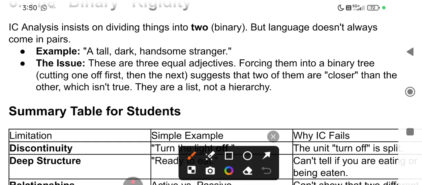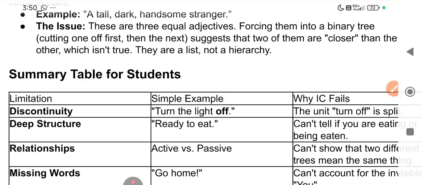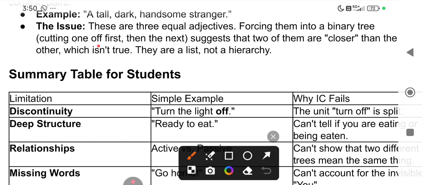Example, adjectives: a tall, dark, handsome stranger. These are the traits or qualities. So the issue is there are three equal adjectives, and forcing them into a binary tree, cutting one off first, then the next, suggests that two of them are closer than the other, which is not true at all.